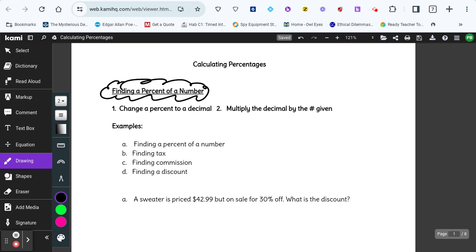All right, so the first thing you want to do is change percent to a decimal. And let me tell you, to change a percent to a decimal is very easy.